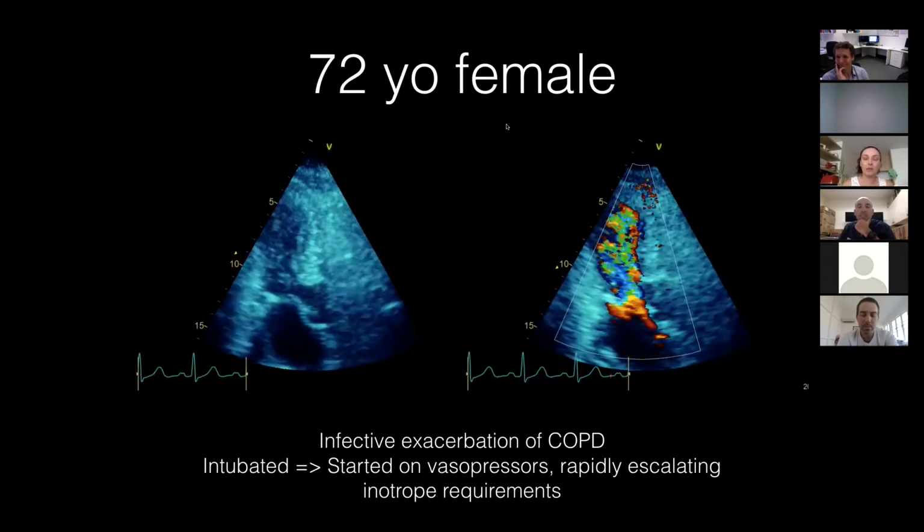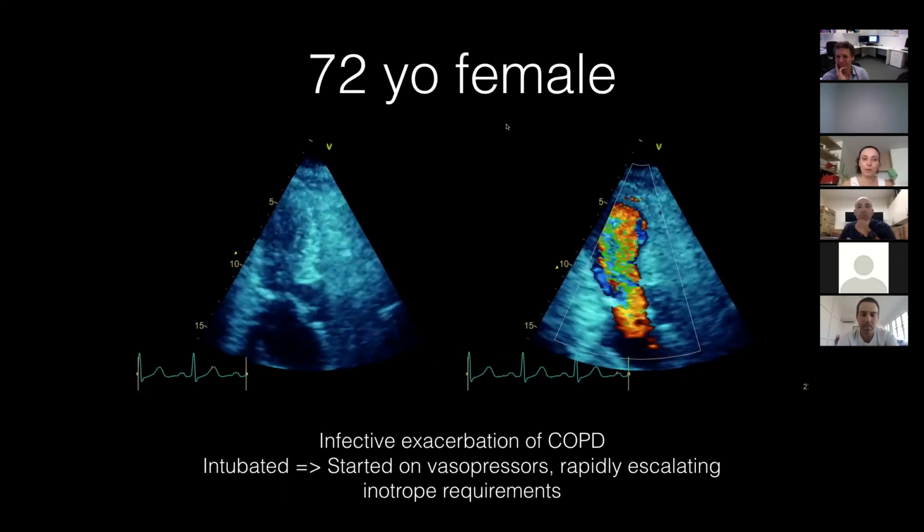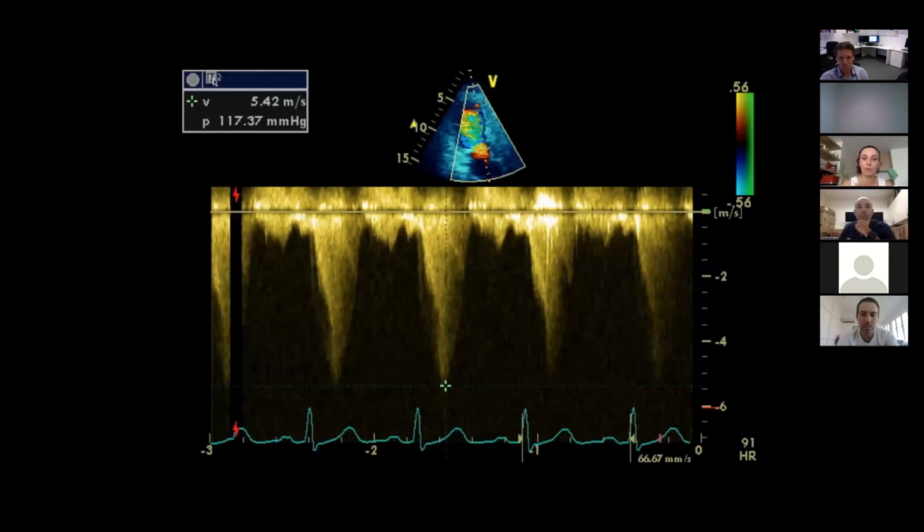The other thing would be to look at the Doppler profile Sam had up. Late peaking, you're more likely to see in an obstructive physiology, whether it be mid-ventricular, mid-cavity, or LVOT. With a severe AS, you see it really doesn't go further than a mid-peak. Is that fair to say, Sam?